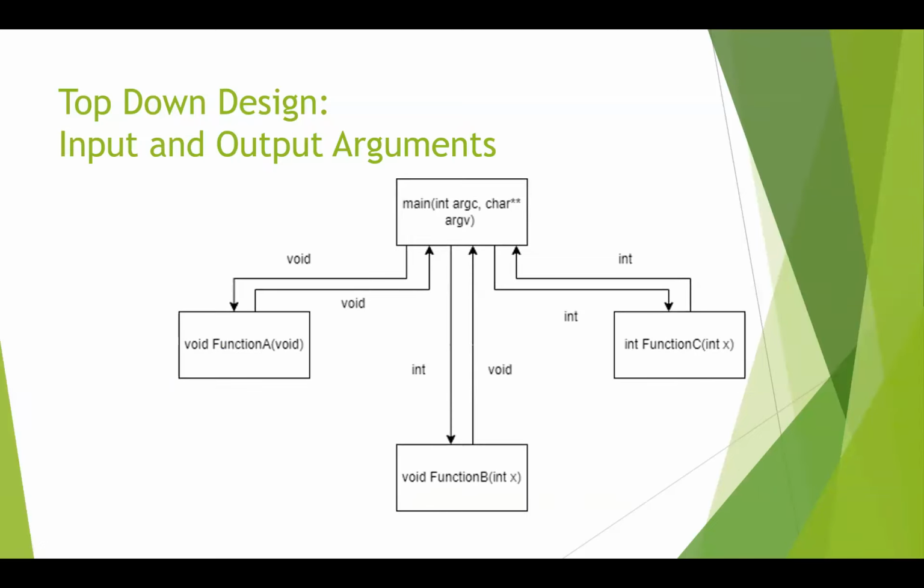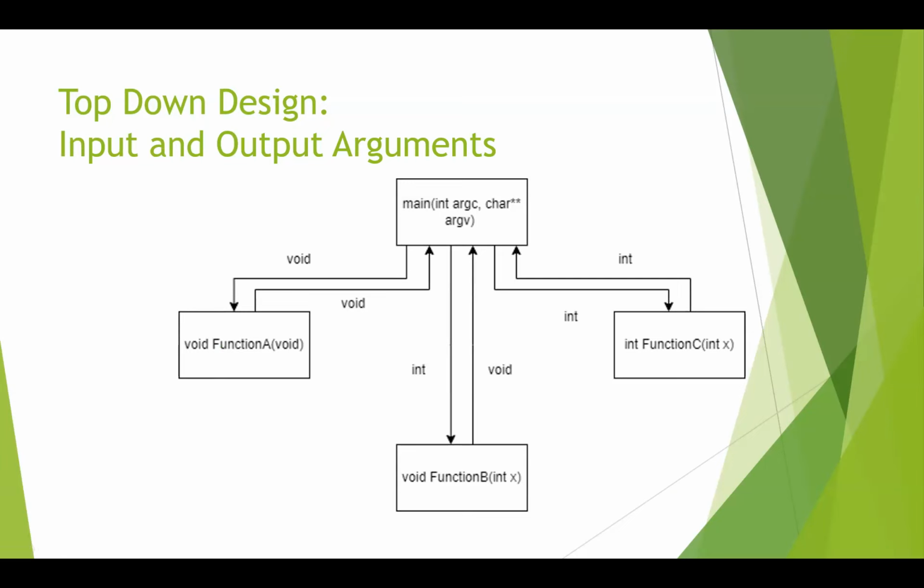All right, so let's take this a step further and let's start to investigate how we would practically do this with passing information between those functions. And we're going to start off by going all the way back to that first example where we had, again, this very simple top-down design where our main does multiple things, essentially one right after the other, in that our main calls our function A. It doesn't accept any input arguments, and we know that because there is this void listed as an input argument.